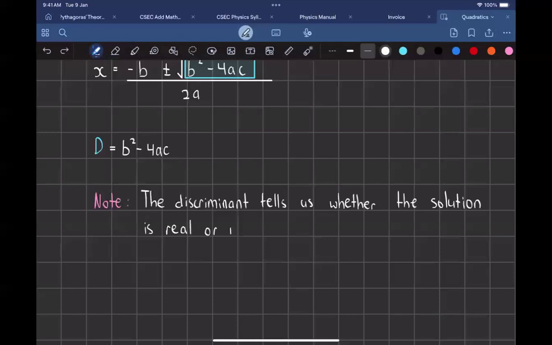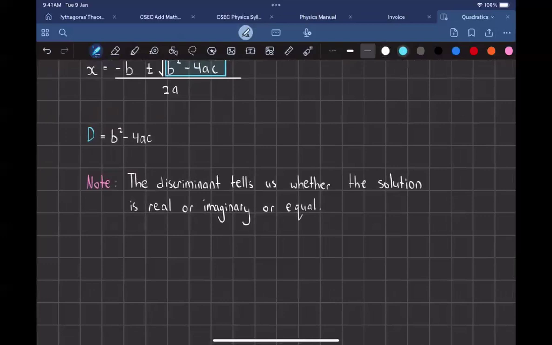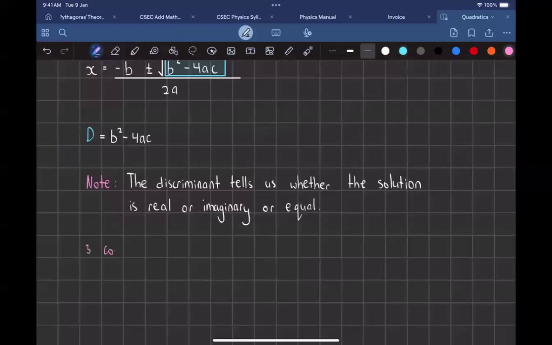The discriminant tells us whether the solution is real or imaginary. So there are 3 cases you need to know. Tell me, if the discriminant is negative, that tells us we have what solution? Imaginary solution, because you can't find one.